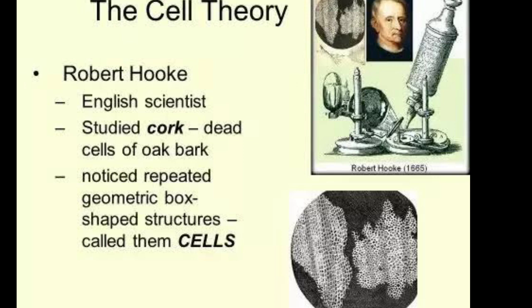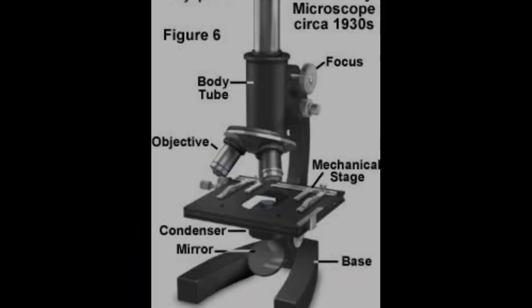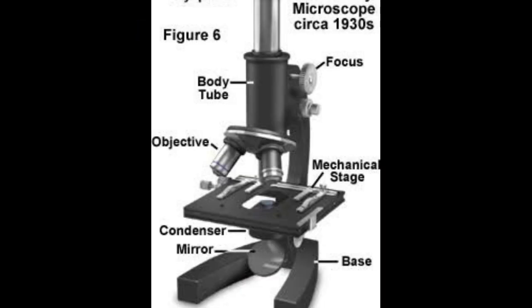In 1674, another scientist, the Dutch Antony van Leeuwenhoek, observed living cells with the help of an improved microscope. A microscope is an optical instrument used for viewing very small objects such as cells or bacteria, which are magnified many times. It helps scientists to observe and study the cells.